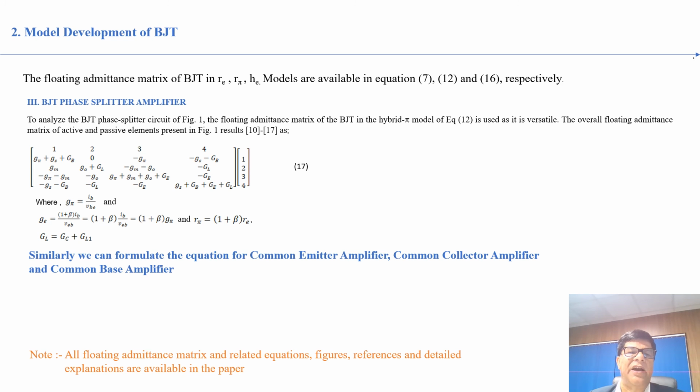Here, G pi is IB by VBE, G is equal to (1 plus beta) into G pi, R pi is equal to (1 plus beta) into RE, and GL equals G2 plus GL1. Similarly, we can formulate the equations for the common emitter amplifier, common collector amplifier, and common base amplifier. Note, all floating admittance matrices and related equations, figures, references, and detailed explanations are available in the paper.